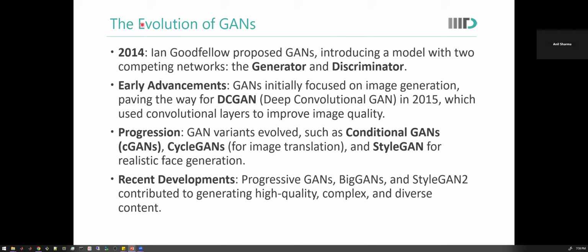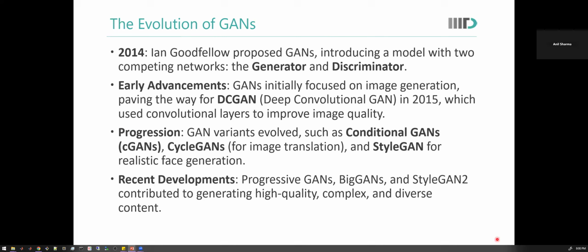Okay, so if we talk about the evolution of GANs, in 2014, GANs were proposed by Ian Goodfellow, and it revolutionized unsupervised learning. It is a model with two competing networks, the generator and the discriminator. Earlier, one of the common forms of unsupervised learning model was an autoencoder.